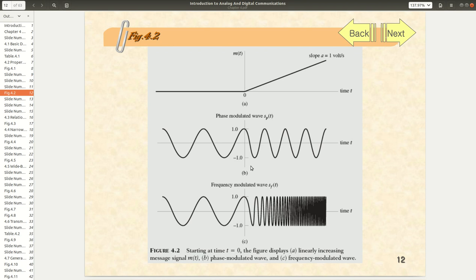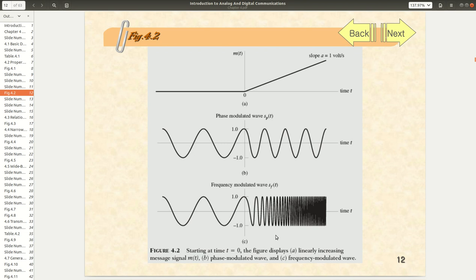The frequency is more understandable. When there is 0, there is a very low frequency. When it goes up, it follows the change, and there is a slope, so the frequency goes higher and higher. If it is lower, then it will return back and go up and down.